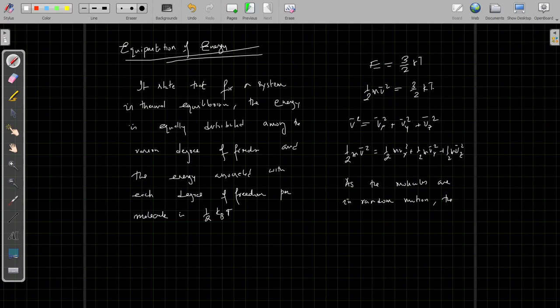The average kinetic energy of each molecule along the three axes will be the same.